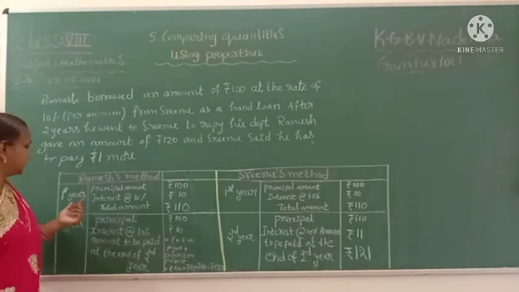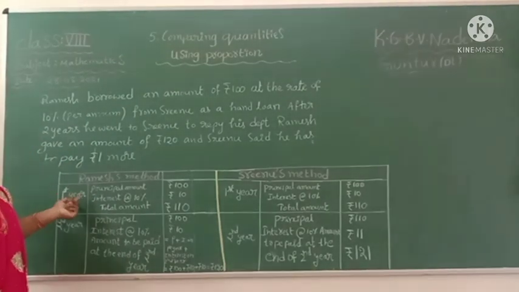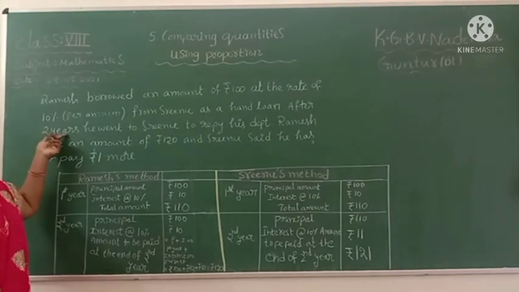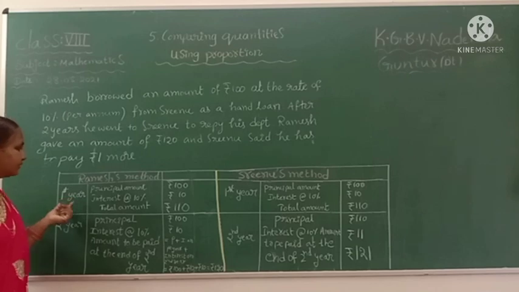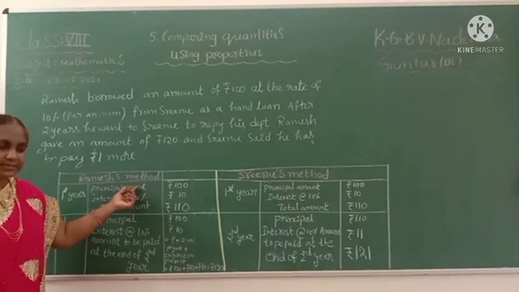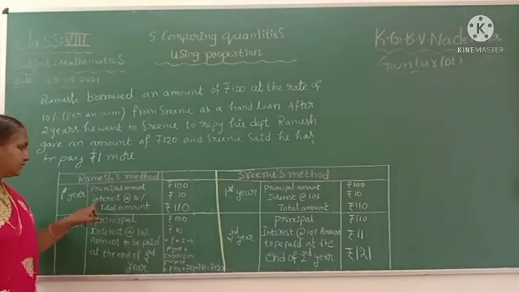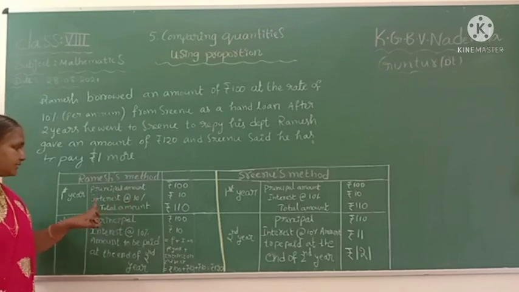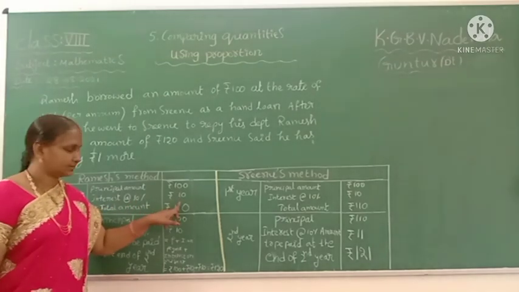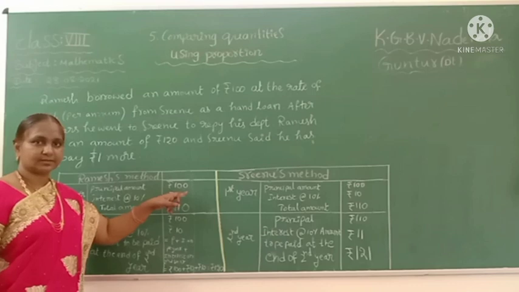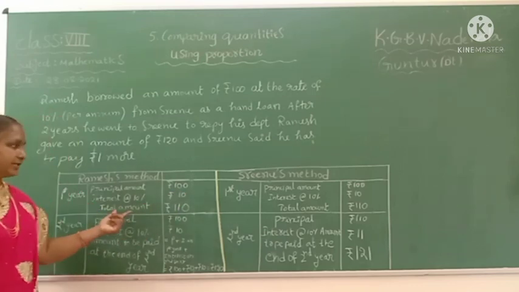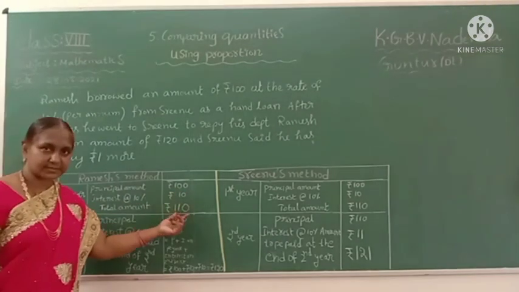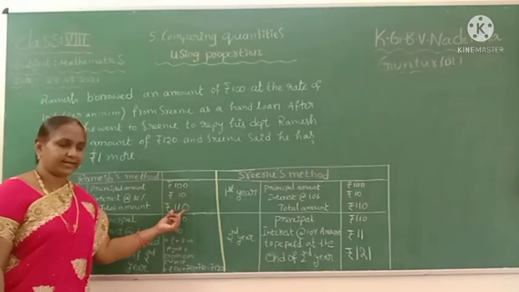Okay, listen. Time is 2 years. After 2 years, he has to pay. In the first year, the principal amount is 100 rupees. Interest at the rate of 10% on 100 rupees is 10 rupees. Then the total amount is 100 plus 10, equal to 110 rupees.